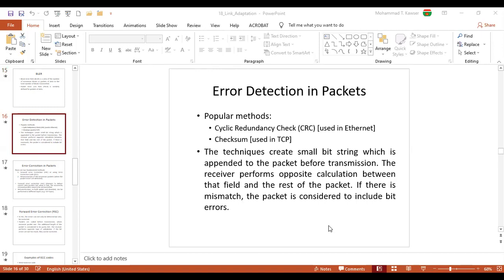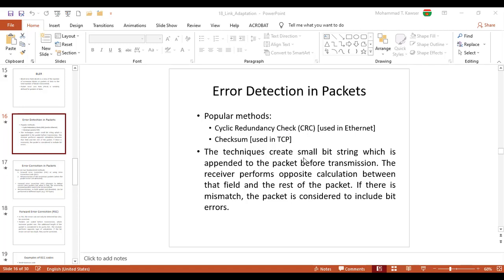The calculations for these methods are not too difficult. For CRC, I did this computation by hand. It's not too difficult; any of you can do that. You just need to follow some fixed steps. On the transmitting side, when you packetize, you calculate a few bits based on the total bit stream in the packet.